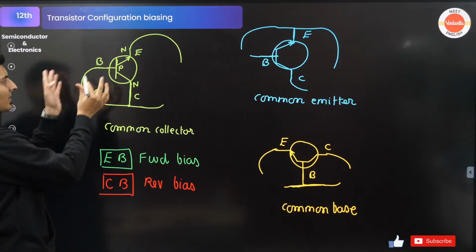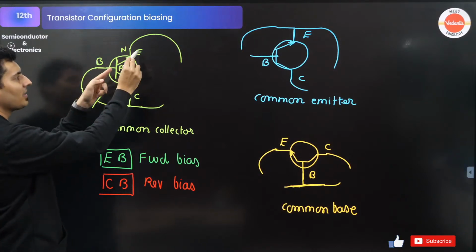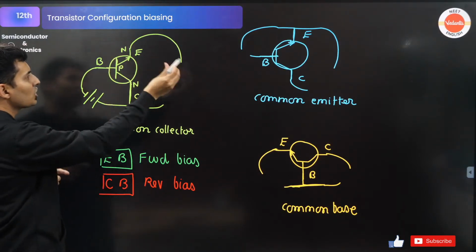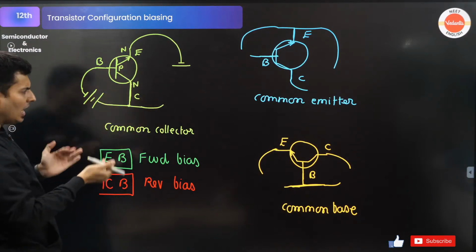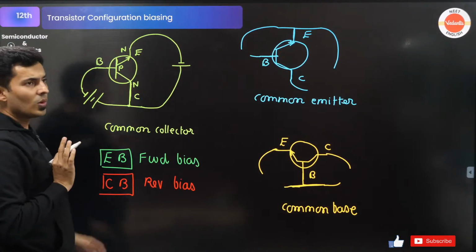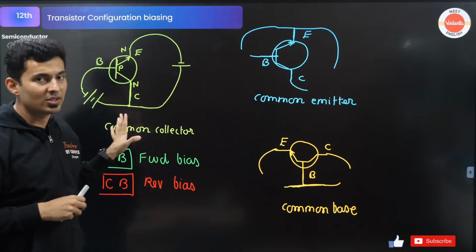This completes this part. Similarly, if I want emitter base to be forward bias, N should be connected to negative, and the collector will be at the positive side. That is how the connection works for each of these configurations.